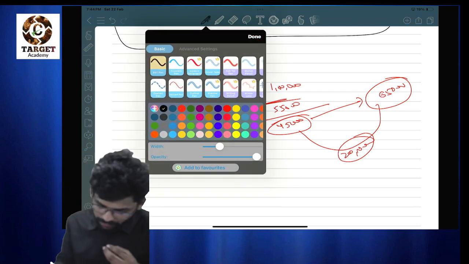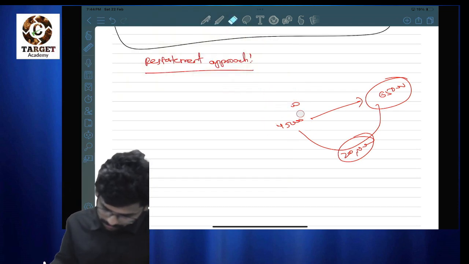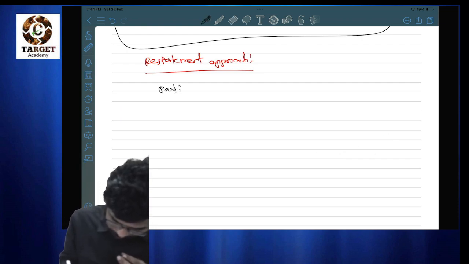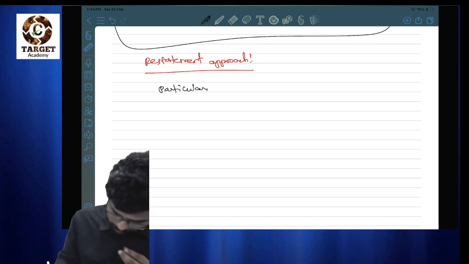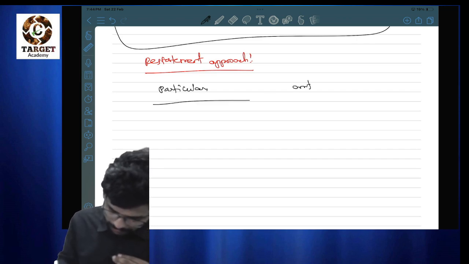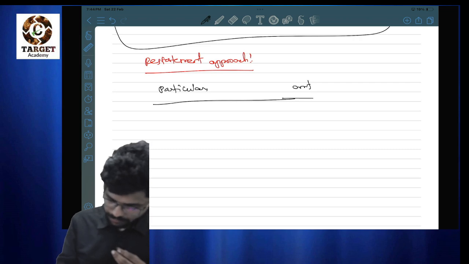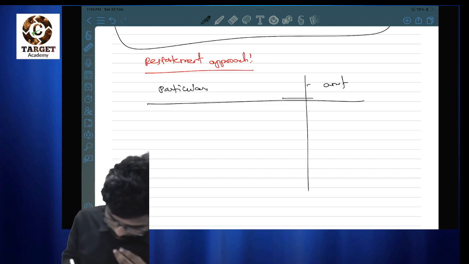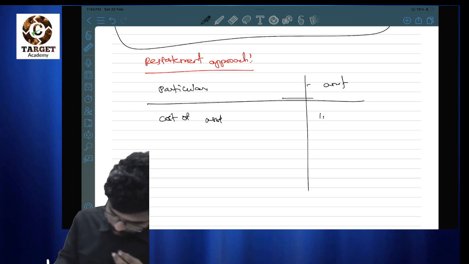Okay, please note down, don't waste time. Particulars, amount. What is the cost of the asset? What is the accumulated depreciation?